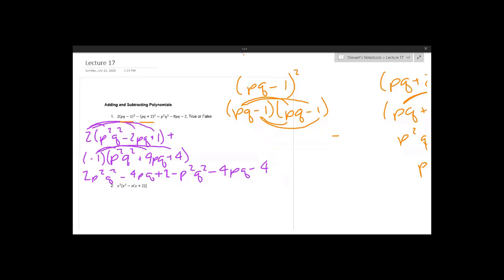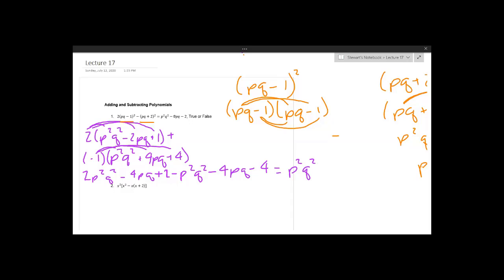And now all that we have left to do is combine like terms. The like terms being the p squared q squareds, the pq's, and then the numbers. So we have 2p squared q squared minus p squared q squared. So that gives us a grand total of just 1p squared q squared.